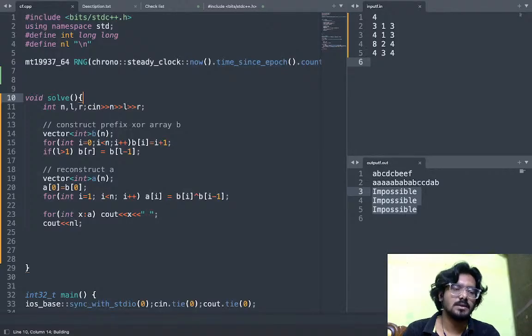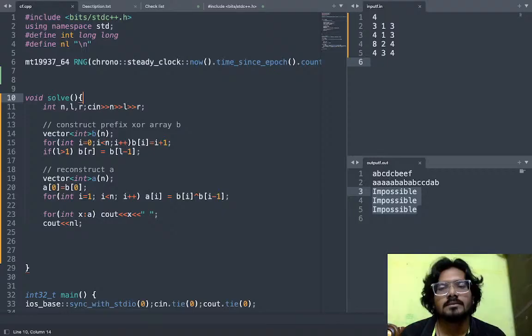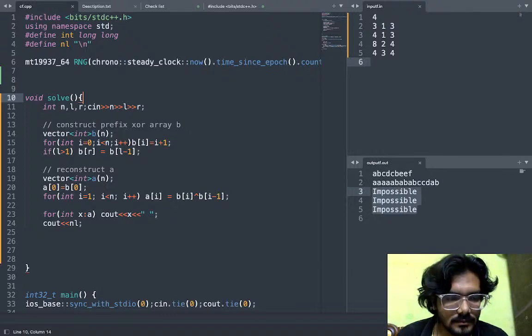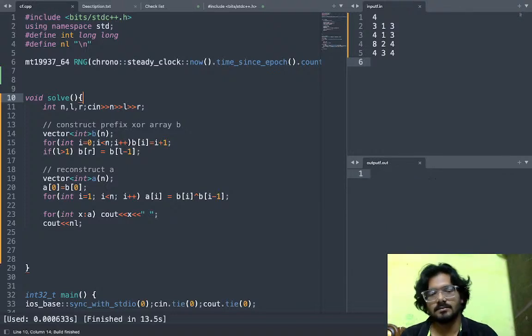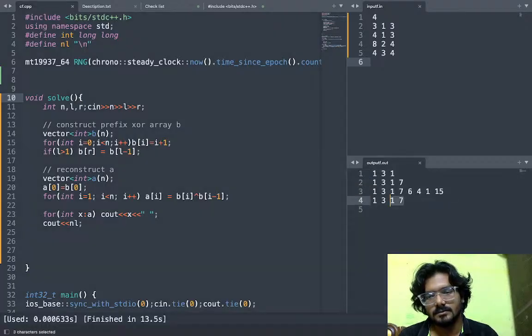Yes, that's the part. Okay, this is the answer.